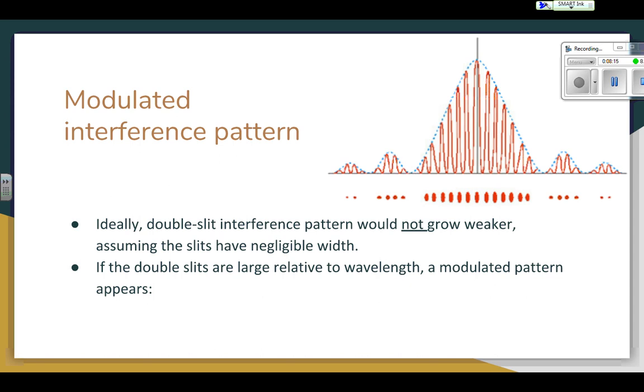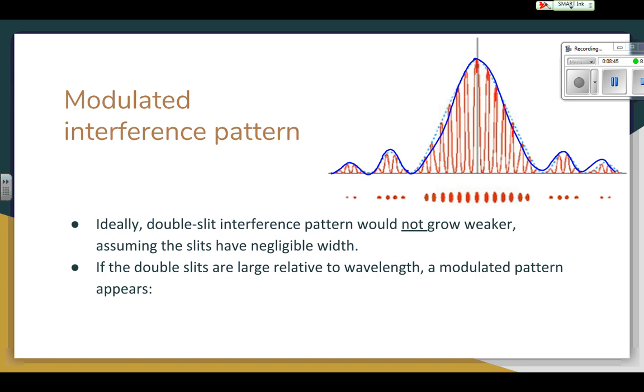Notice with this diagram, the blue dotted line is the pattern you would expect from a single slit, with a bright central maximum and then a dark spot and then diminishing fringes getting less and less intense as you move away from the center. Since we have 2 slits instead of 1, you end up with this red line, where you get bright, dark, bright, dark fringes embedded within the single slit pattern.